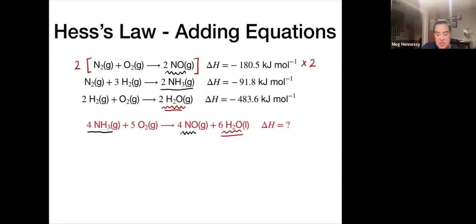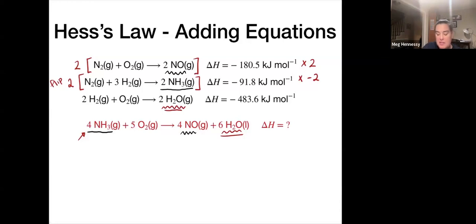The coefficient here is 2, but in my target equation, it's 4. So I'm going to multiply it by 2, but it's also on the wrong side of the equation. So I'm going to flip it and multiply by 2. And that means I've got to take the enthalpy change and multiply it by -2. So I change that sign when I flip it, and I use the 2 to get the coefficients right.